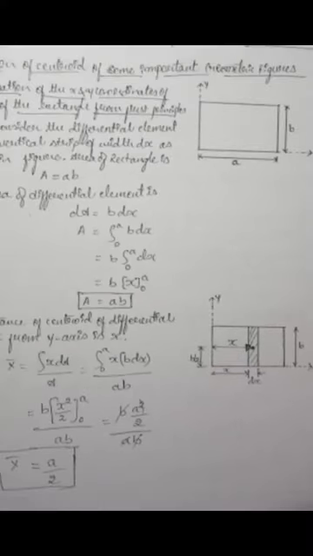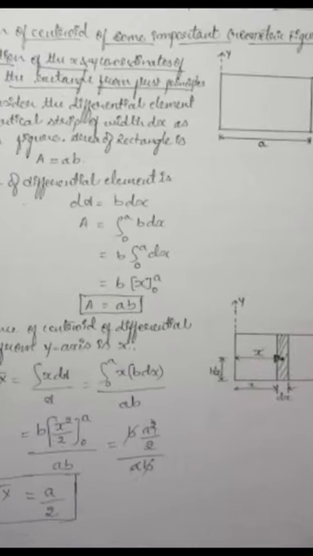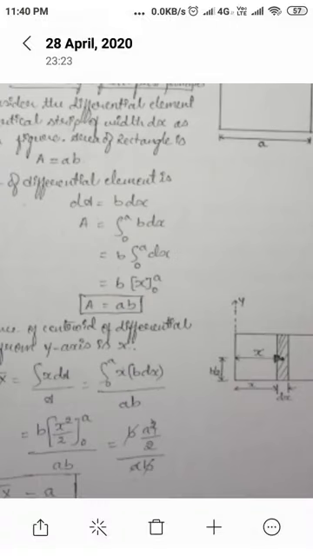Next, we want to find the centroid. According to the centroidal equation, it is the summation of the small elemental area into the distance from the centroid to the origin, so x into dA. In the definition it is a summation, but summation and integration are equal, so in place of summation I am using integration.